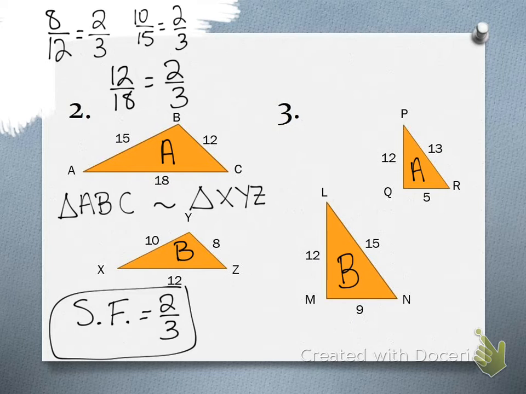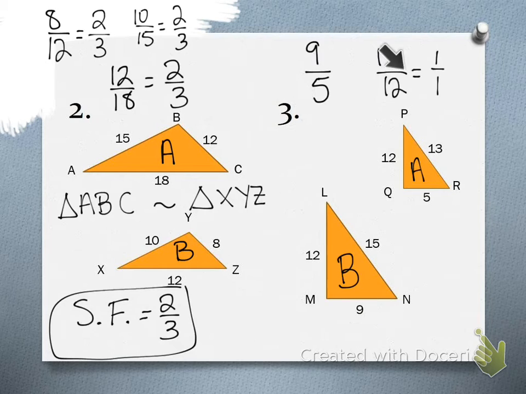Anybody make a decision about number 3? Kylie? Not similar. I would have to agree. My smallest side from B is 9. That would get compared to 5. Okay, that doesn't reduce, so we move on. My next smallest side from triangle B is 12 compared to 12, and that reduces to 1/1.